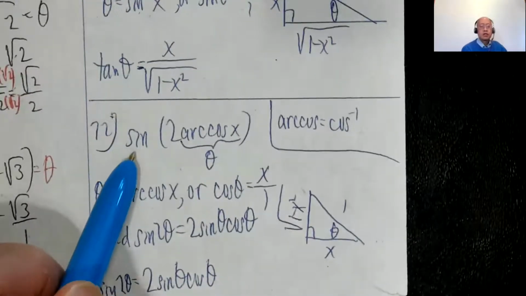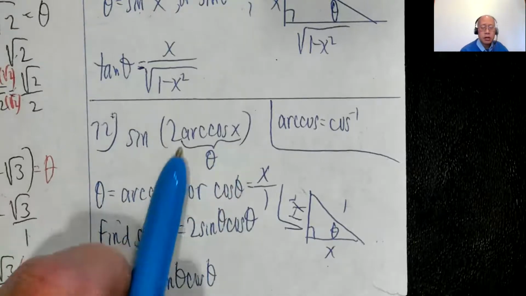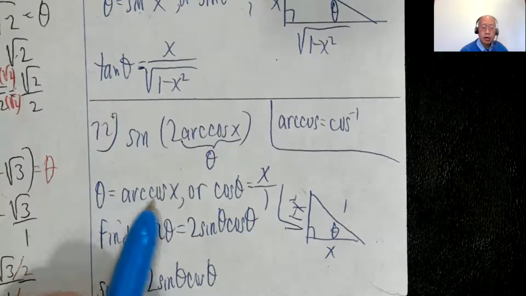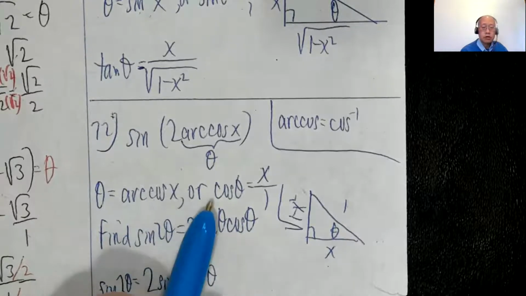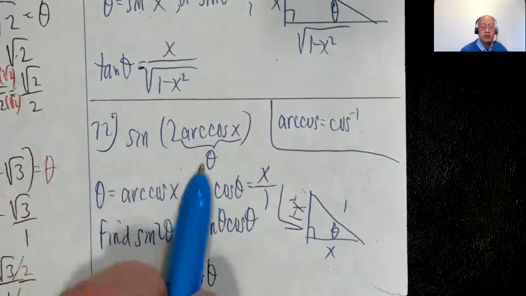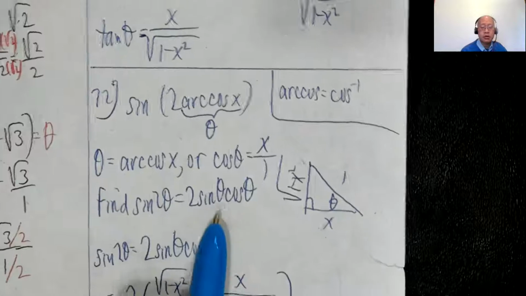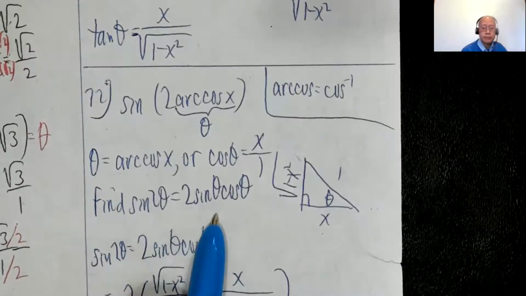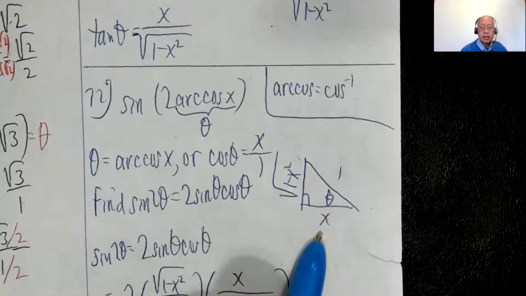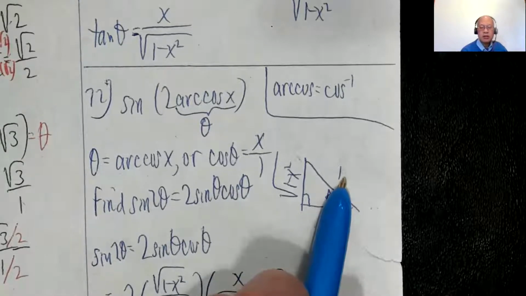Finally, 72, sine of 2 arc cosine of x. Call this theta. Theta is arc cosine of x. Arc cosine and inverse cosine mean the same thing, arc and inverse. So cosine theta is x, x over 1. So ultimately, I'm trying to find sine of 2 theta, which is 2 sine theta cosine theta, an identity from trig. All right, so cosine is adjacent over hypotenuse.